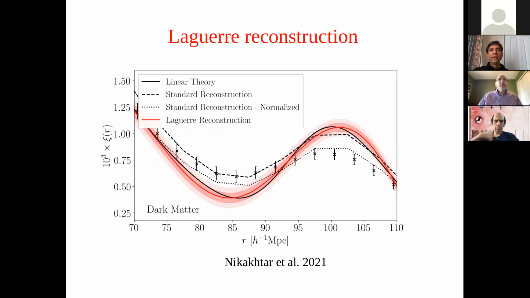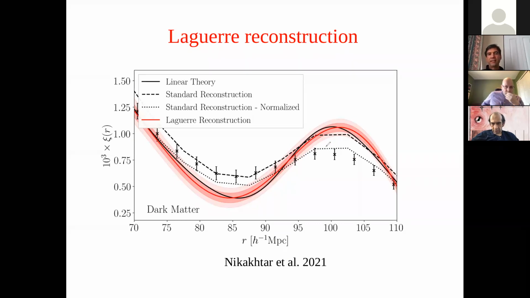Okay, so let's have a look at how well this does. Okay, and so the crosses are the measurements. So that's the nonlinear correlation function with their error bars. Then we fit the crosses with their error bars. We get our coefficients A_K, and we reconstruct the linear correlation function.